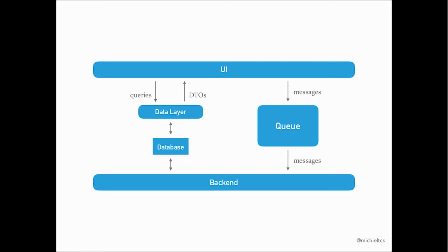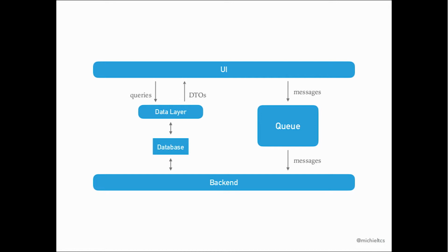So instead of doing REST calls or something, or it may even do REST calls, but probably it will put some sort of message on a queue somewhere, be that Redis or Rabbit or Kinesis or whatever, and the backend in turn processes those messages and does something with them, right? Changes the database or whatever. And then the UI queries the databases through a data layer and gets responses back.